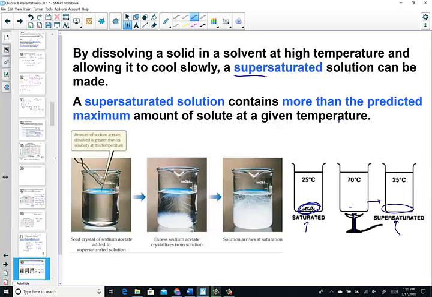This now is saturated. When I start at 25 degrees and it's holding all it possibly can, so much so that there's extra on the bottom, I warm it up to get it all to disappear and I just let it cool. And look at, none fell out. All the extra is still in solution.